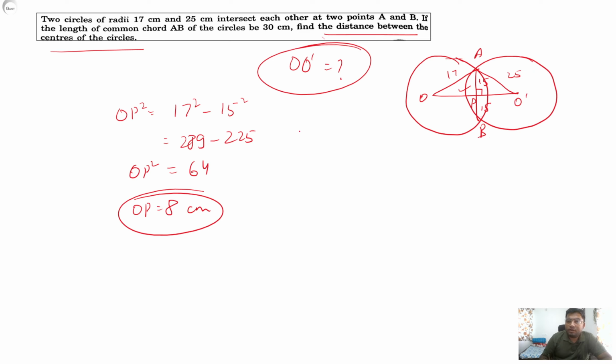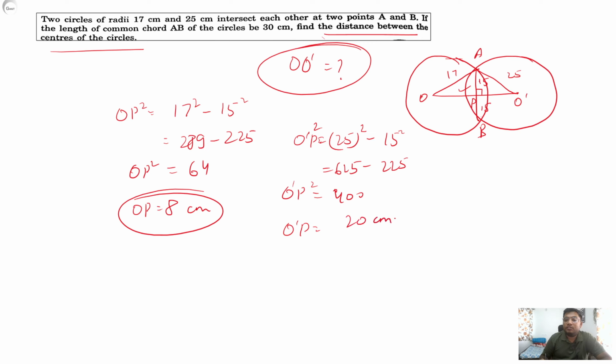Then if we look at triangle O dash AP, the right-angled triangle, O dash P square will be 25 square minus 15 square, which is 625 minus 225, which is 400. So O dash P will be equal to 20 centimeter.